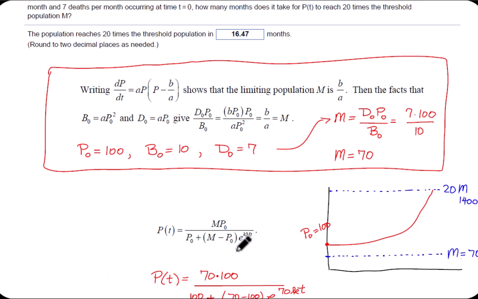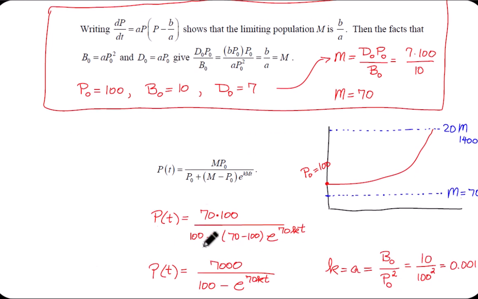All right, it turns out that our solution for this problem looks like the following. If we plug in the values that we have, for M, for the initial population, we get something that looks like the following. And it turns out that K, my rate here, is 0.07.